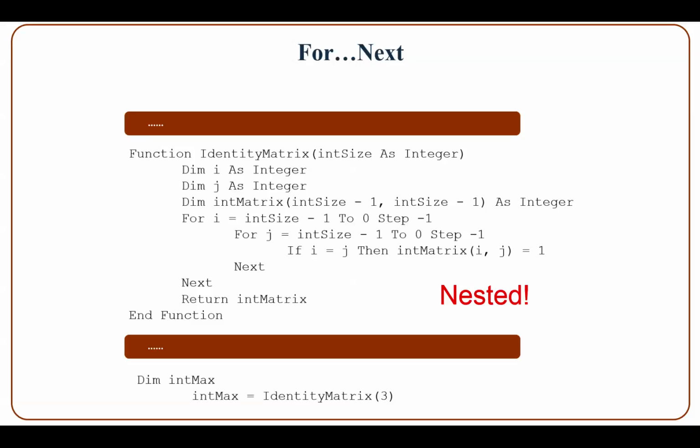Later on, you declare a variable int max, and you call the function identity matrix and give it 3 as the argument. This function returns an identity matrix of 4 by 4 to int max.